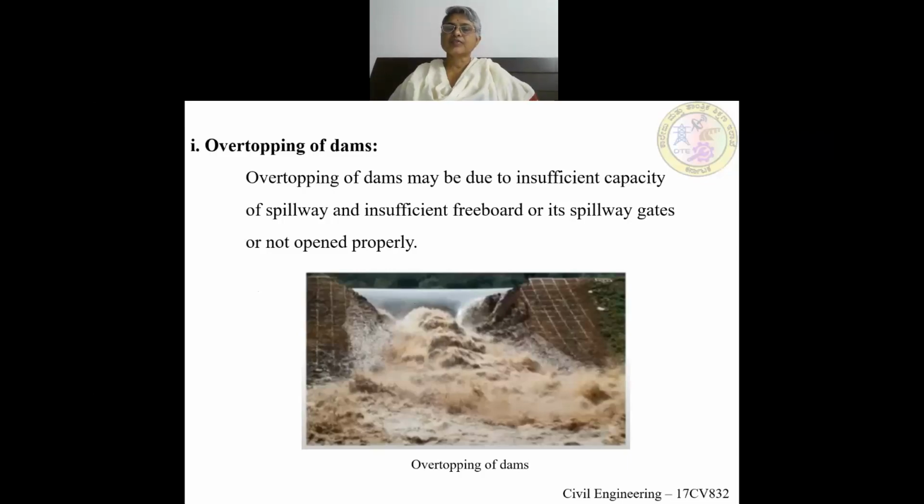If the flood exceeds the estimated flood, and if the gates are not sufficient, we provide spillway gates. Spillway gates are nothing but the gates to allow the excess water in the dam to flow from the upstream side to the downstream side.